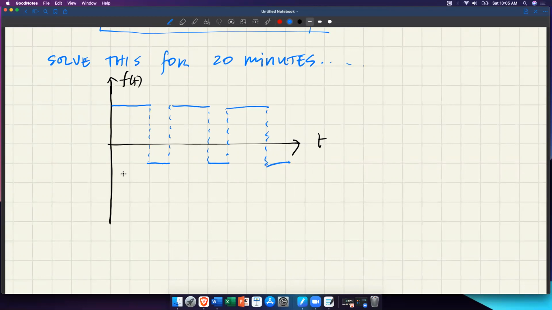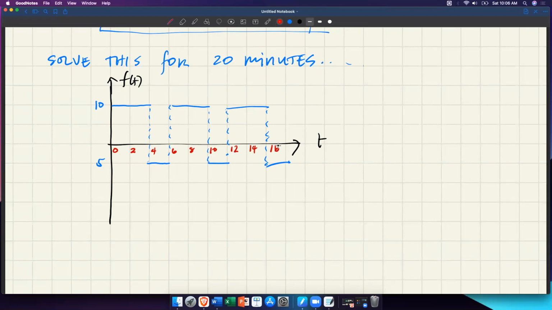So if you can still recall, the first thing that you should do is to first find the period. Assuming the period here, the time axis is 0, 2, 4, 6, 8, 10, 12, 14, 16.